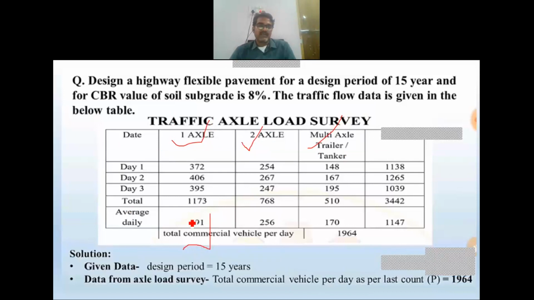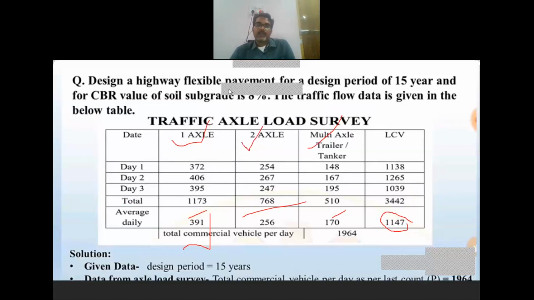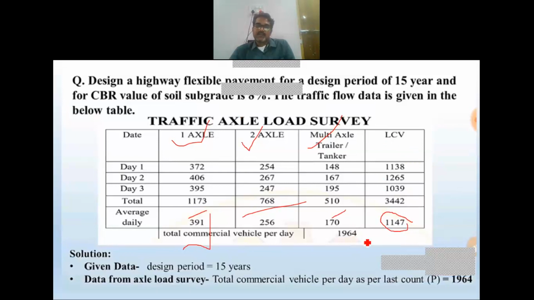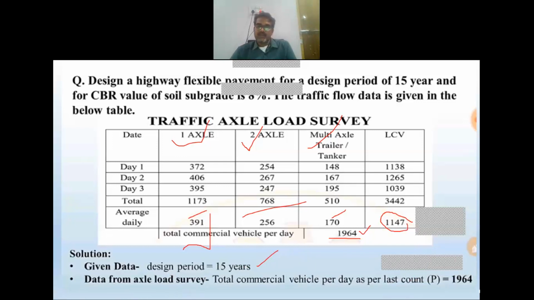The average daily vehicles are given, 1147 on average, and light commercial vehicles. The average commercial traffic per day is 1964. So 15 years is the design life given to you. The data from the axle load survey gives 1964 as the total commercial vehicles per day.